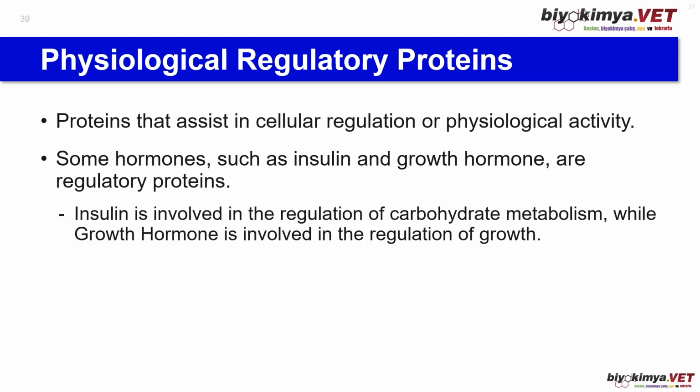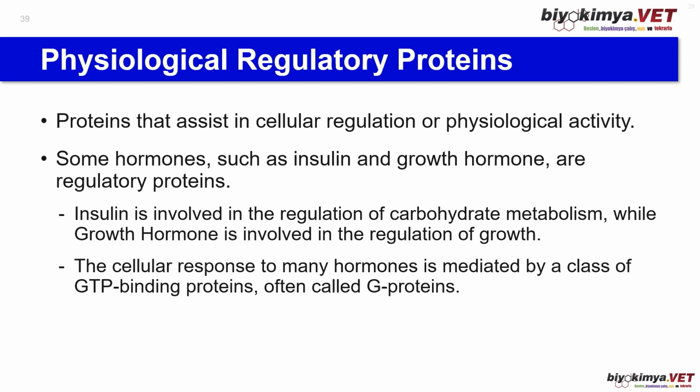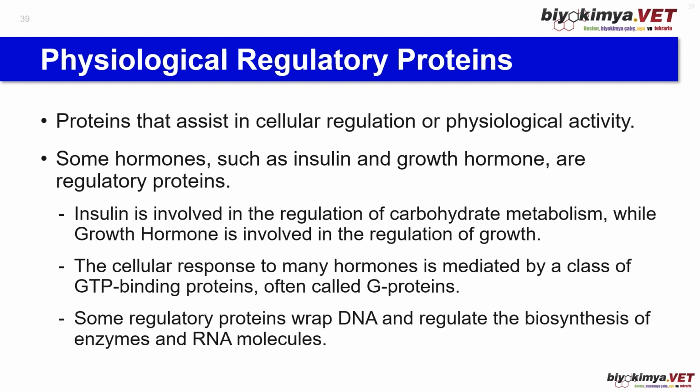Insulin is involved in the regulation of sugar, carbohydrate, glucose, while growth hormone is involved in the regulation of growth. The cellular response to many hormones is mediated by a class of GTP binding proteins, often called G proteins. Some regulatory proteins bind DNA and regulate the biosynthesis of enzymes and RNA molecules.